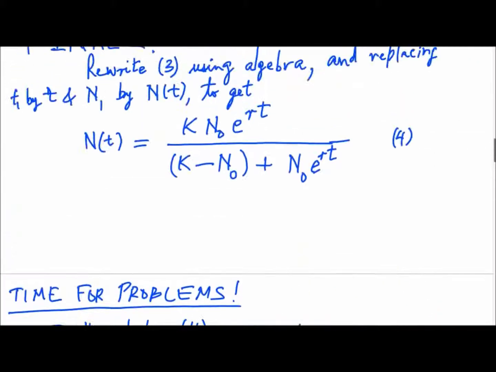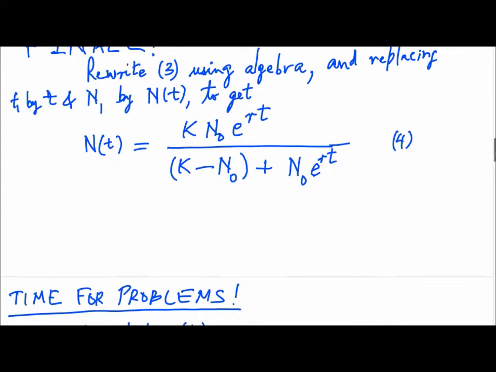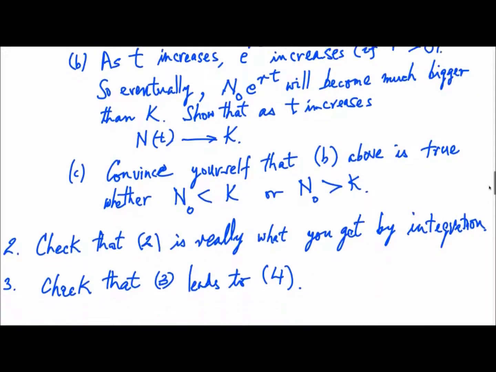If you look back at our solution, you can see that as t increases, the exponential is going to get large, and it's going to get large in the denominator, which means this term in the denominator, this one involving the exponential, is going to become much larger than the other term, and so eventually N of t is going to approach the value capital K.